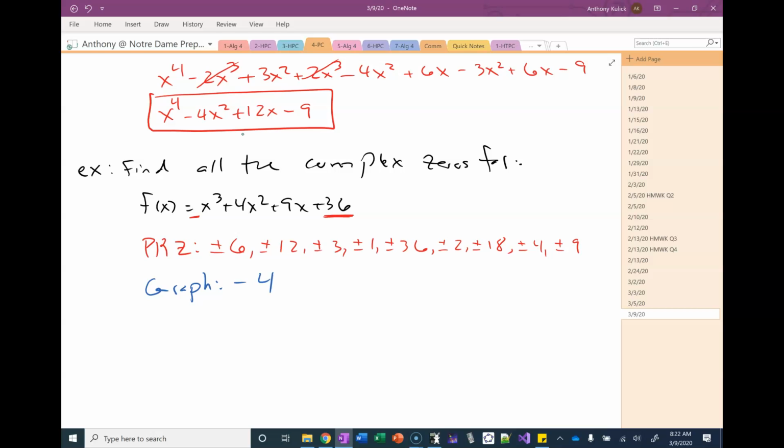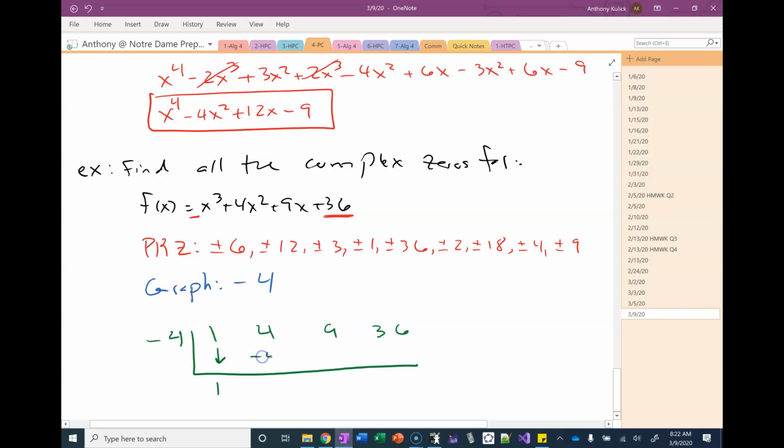It means either that solution is going to be used 3 times, or this has 2 imaginary solutions to it, in addition to the one that I can see. I don't know which one of those 2 situations it's going to be right away, but it's going to be one of those 2 situations. So let's start our synthetic division.